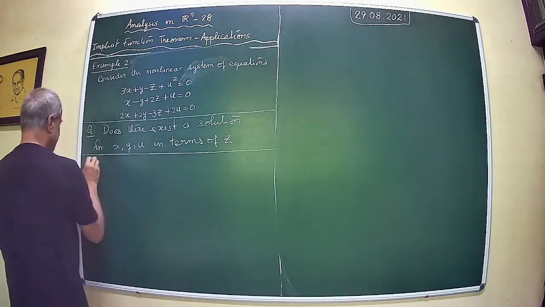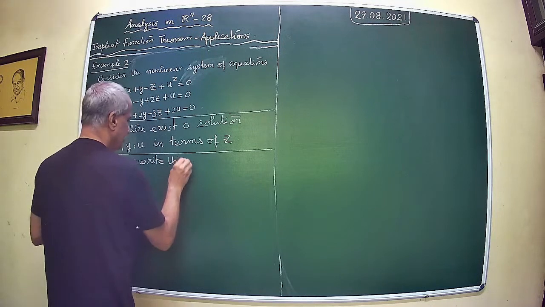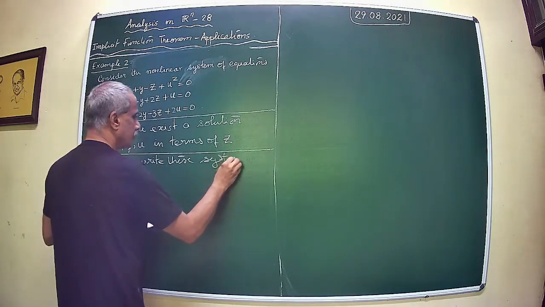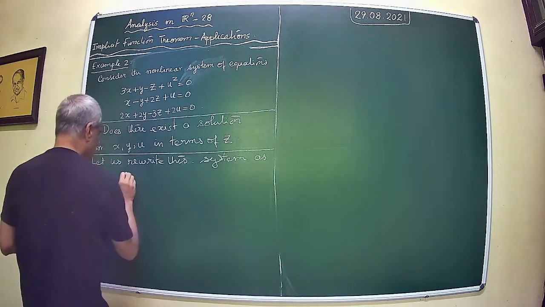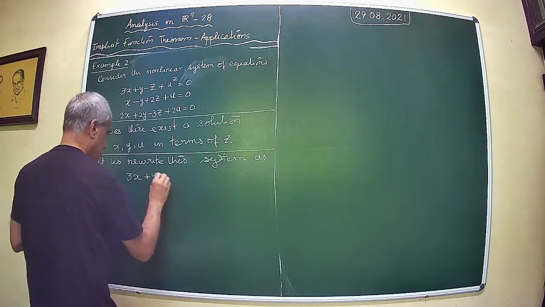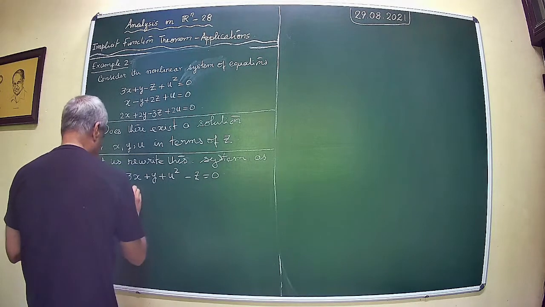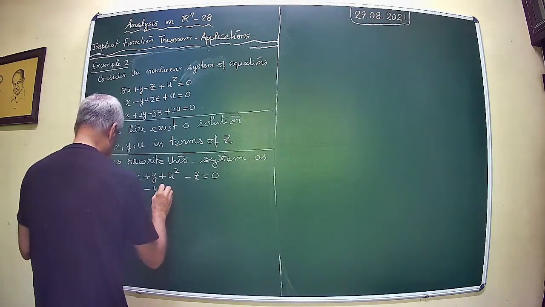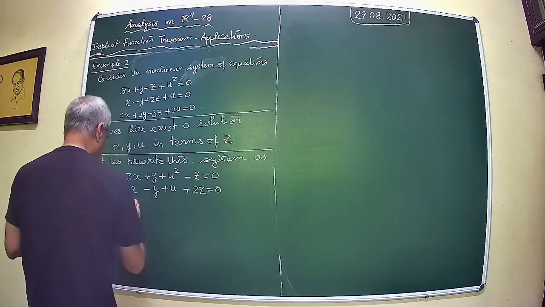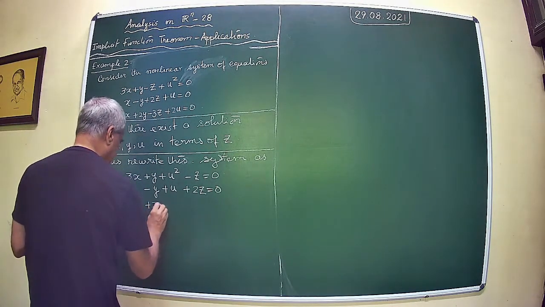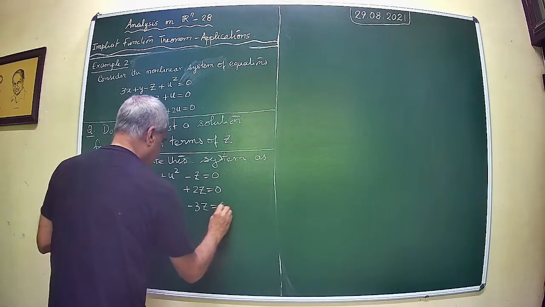So let us rewrite this system as 2x + 2y equals 0.